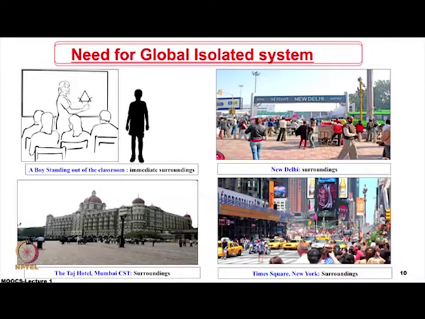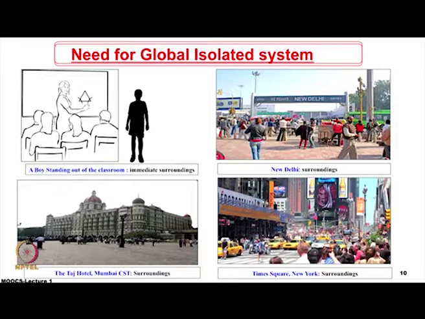So, a person who is standing outside the classroom is in the surroundings, and a person who is standing outside Hotel Taj in Mumbai, that is also surroundings, or a person who is standing at New Delhi railway station, or at Times Square, New York, that is also surroundings.